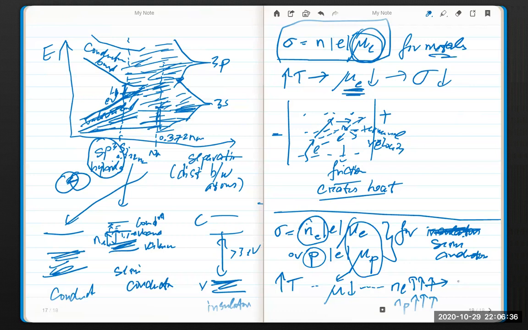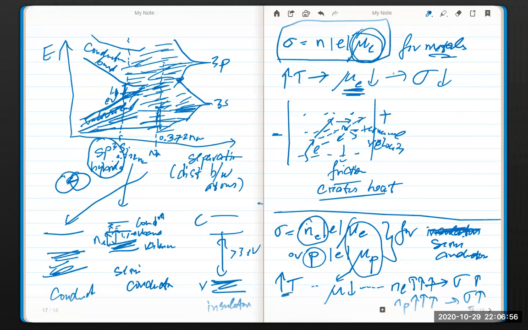Therefore, the conductivity actually goes up because most of these electrons jump across the band gap and go to the positive terminal. Similarly, the holes in the bottom go to the negative terminal. Okay, so the conductivity goes up if the temperature goes up in a semiconductor.